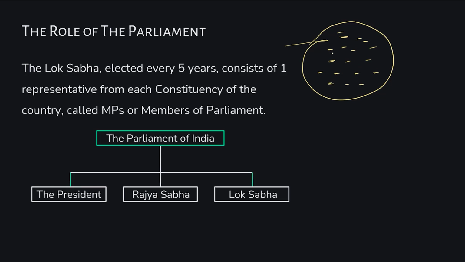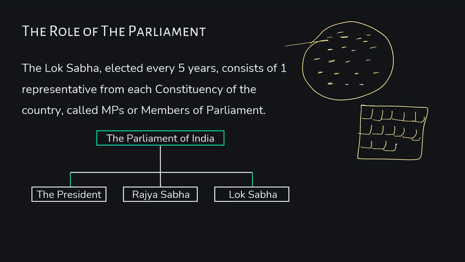This was a bad diagram, let me make another one. The entire Maharashtra is being divided into 20 seats.